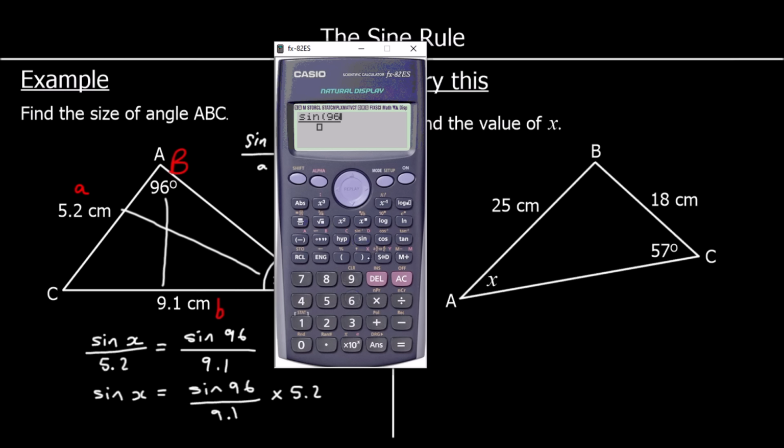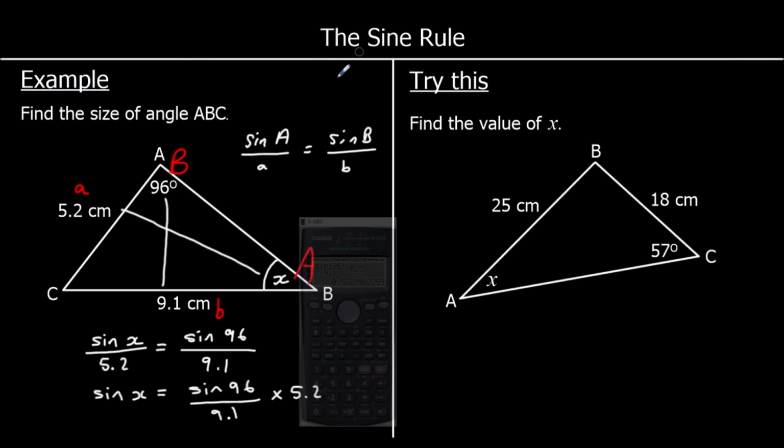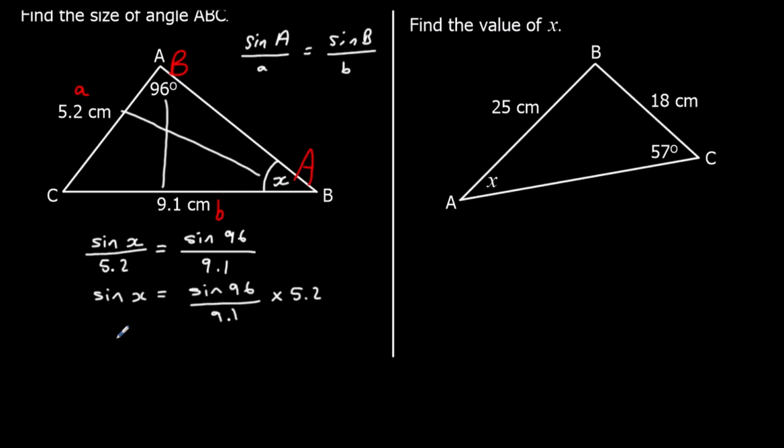So sine 96 over 9.1 times 5.2. So we've got 0.568 and so on. So I'll write sine x is equal to 0.568 and so on. But that's sine x, that isn't x.